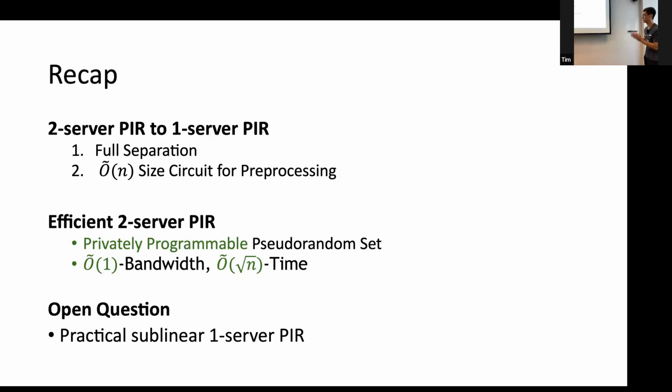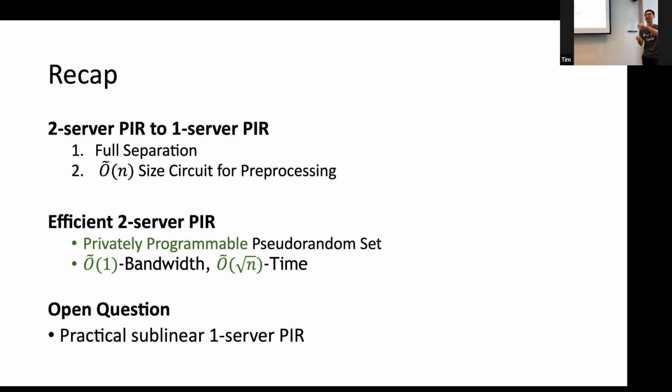But one last thing is that our scheme is not practical, because we use FHE to evaluate the privately programmable PRF. FHE itself is a very heavy cryptography object, and the programmable PRF is also very heavy.